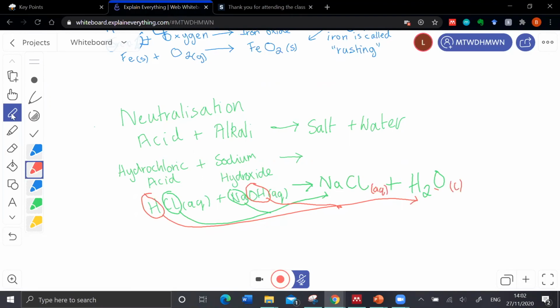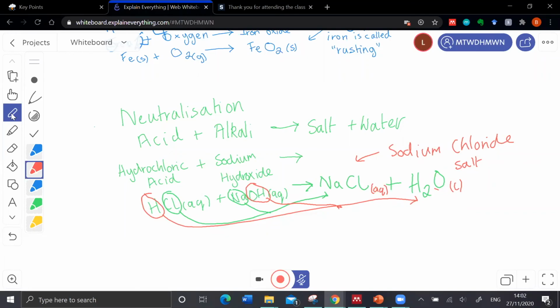This is sodium chloride, a salt, and it's the same salt that you put on things like chips and roast potatoes. You can get other salts being made by other acids, but that's a good introduction. Okay, this is balanced.